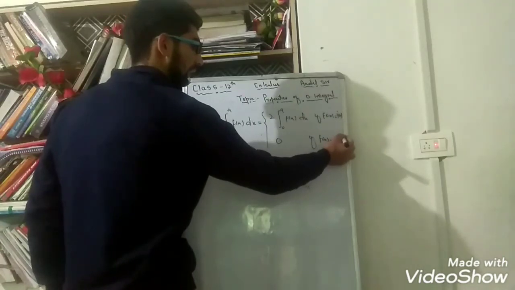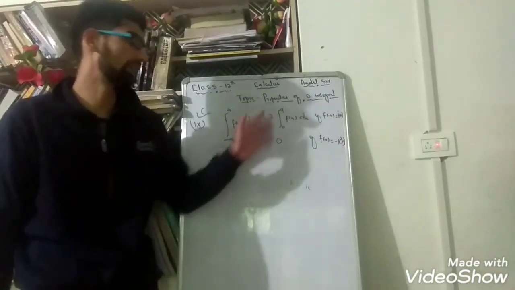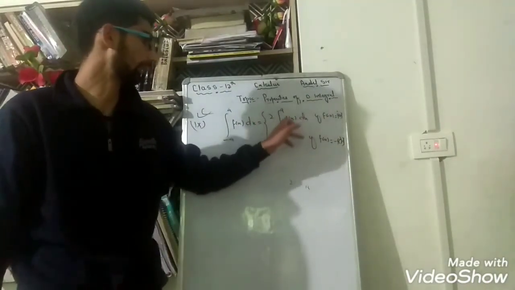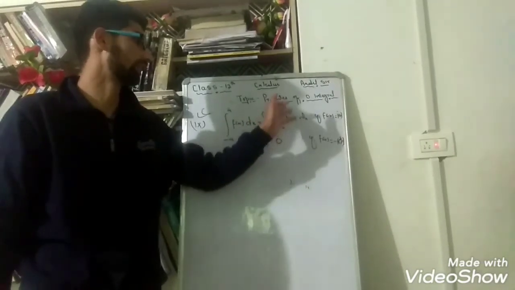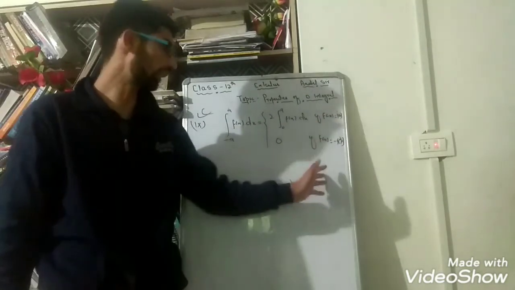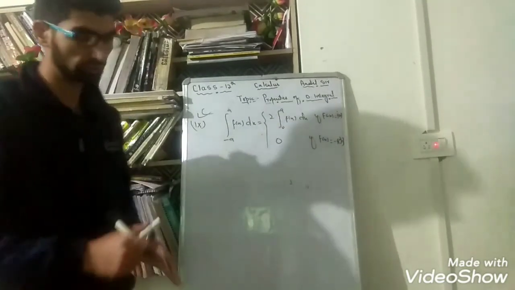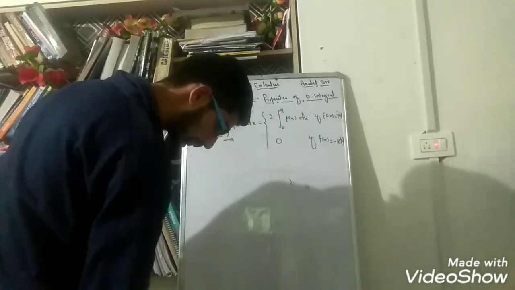This is a very important property and it is based on even and odd functions. If the function f of x is even, then the value of this integral is twice the integral from 0 to a of f of x dx. But if f of minus x is minus f of x, that is, the function is odd, then the value of this integral is 0. You can do it by yourself.